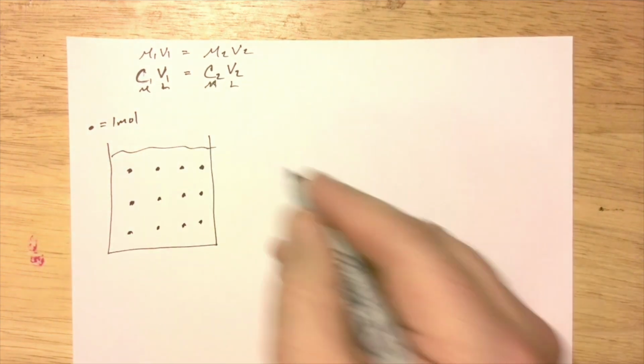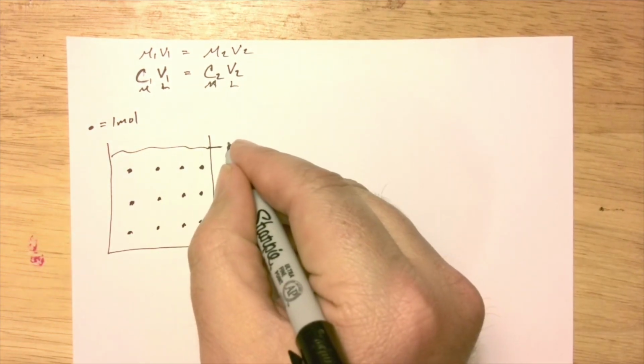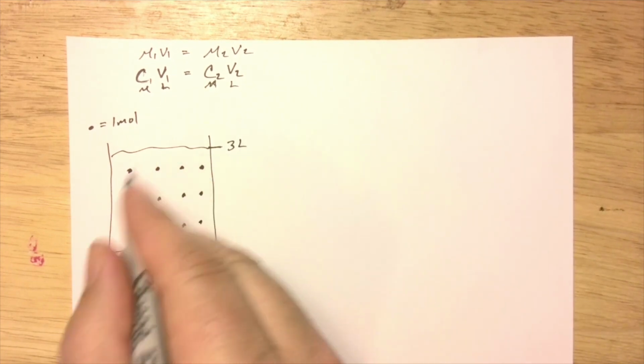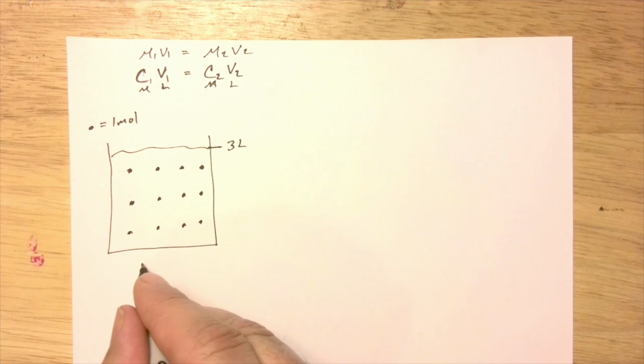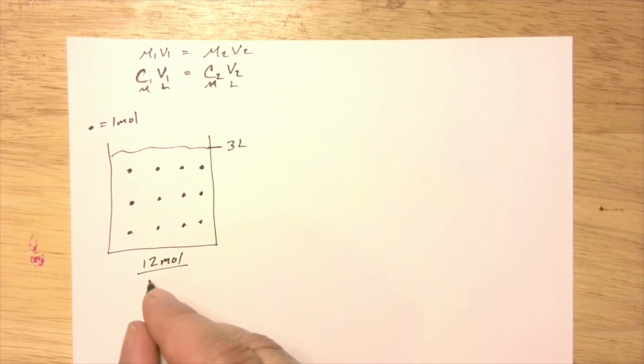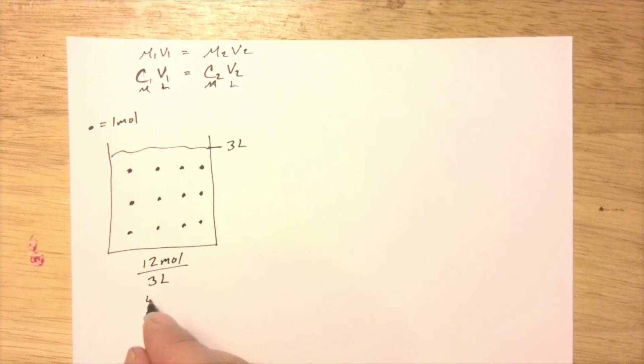And let's say this is a 3-liter container. So if you look at the concentration of this, I would have a total of 12 moles in 3 liters. So this reduces down to 4 moles per liter, or 4 molar.